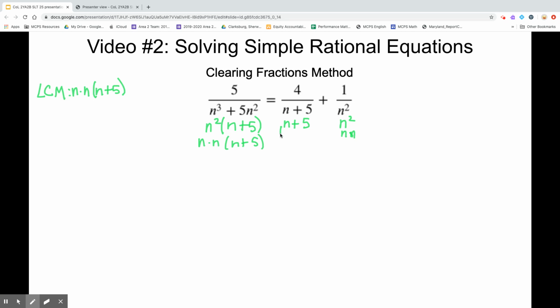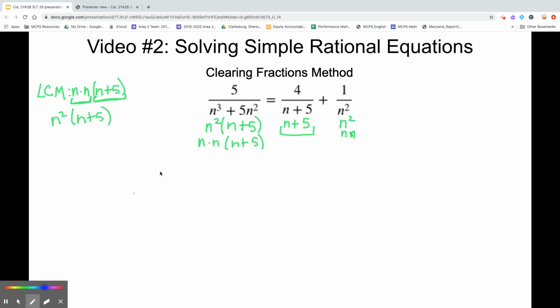I do not need to include this factor of n plus 5 here because I already have it. I don't need the n times n because I've already written those factors here. So my least common multiple is n squared times n plus 5.